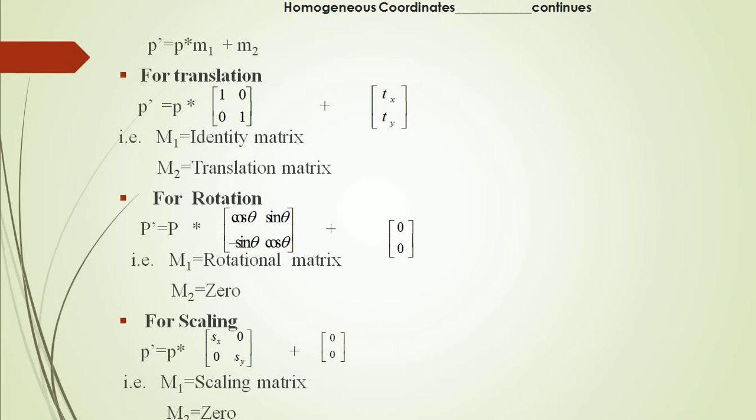After that, for rotation M1 is the rotation matrix: cos theta, sin theta, minus sin theta, cos theta.